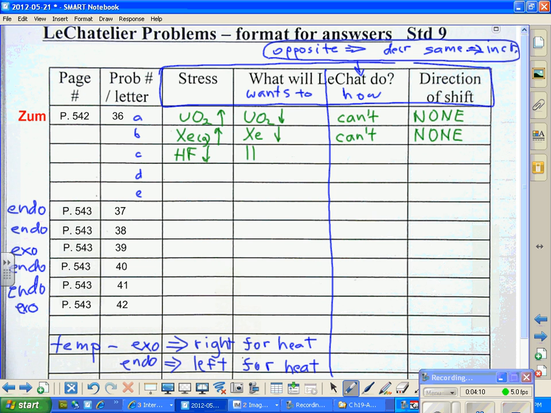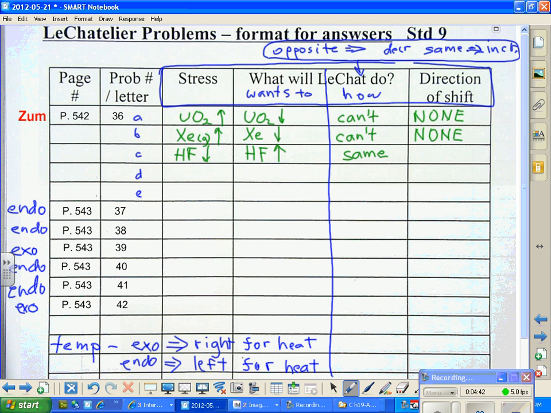So we got HF over here. LeChat wants that stuff to increase, and we need to tell how he's planning to do that. Well, HF is on the left side of the equation. When we want to increase things, increases are always moving the reaction to the same side as the stuff that we are messing with. In this case, we're messing with HF, hydrofluoric acid.